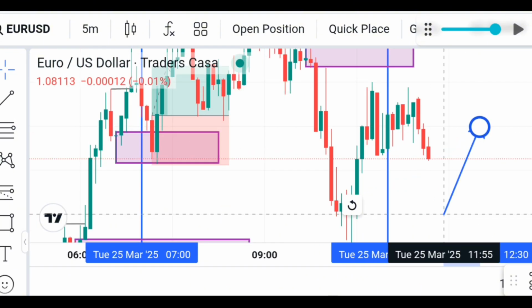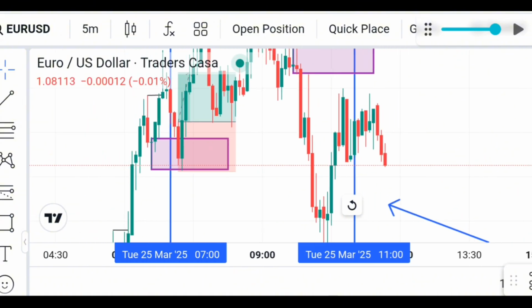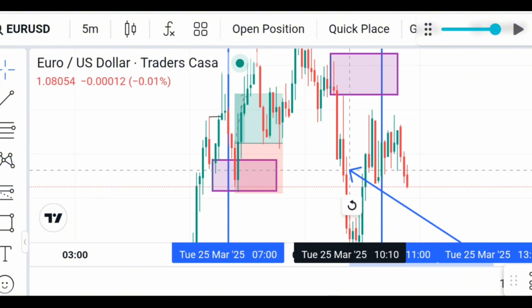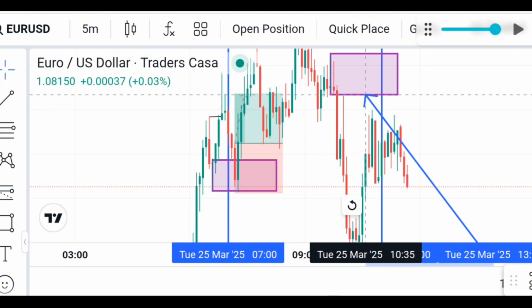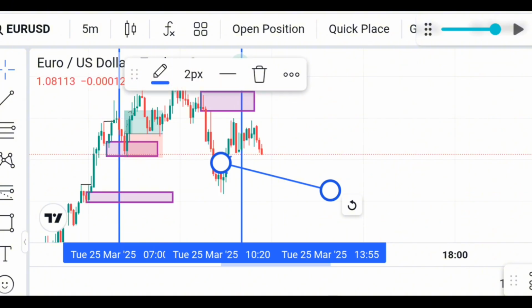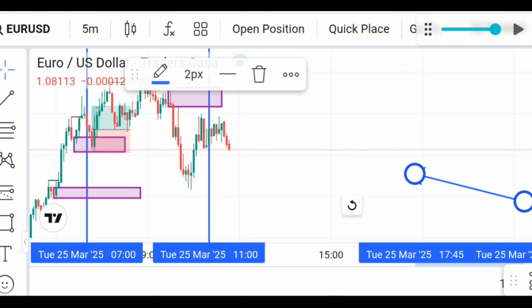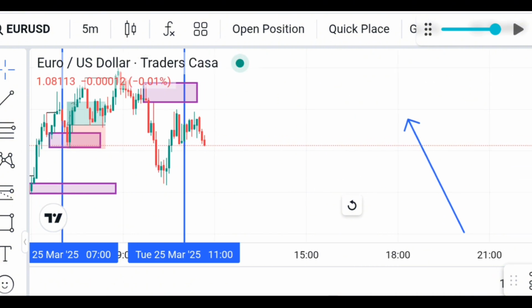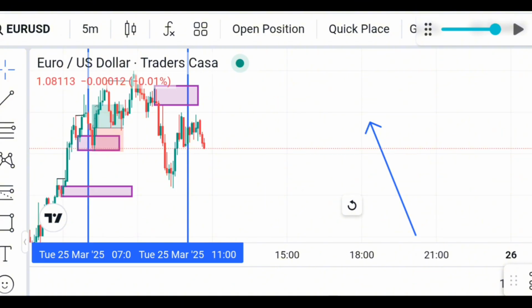So we are done with the Tuesday session, and you can see we only got this setup, right? And this one which we never took, right? So that's up 3%, right? We're just assuming we had an account and it's up 3% in profit. So let's go on Wednesday and see.